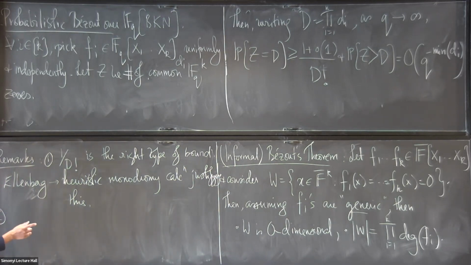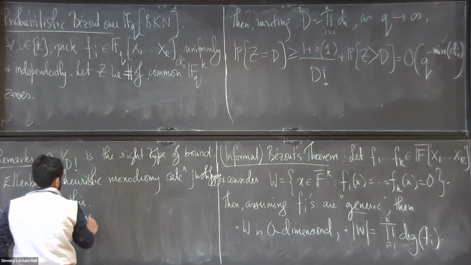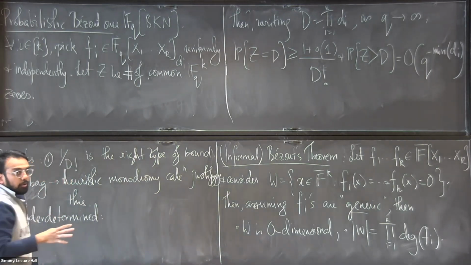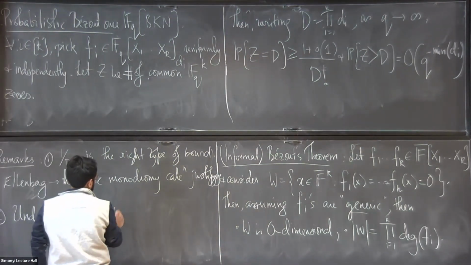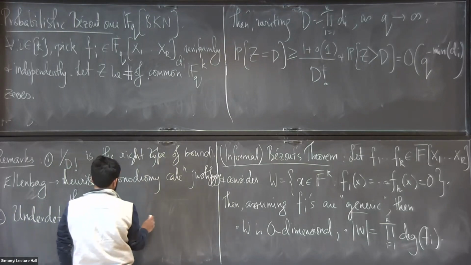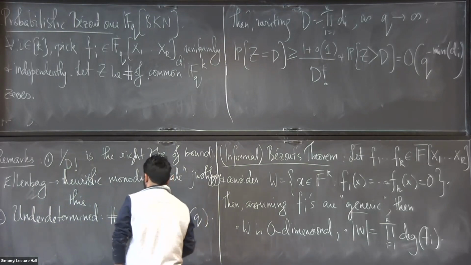The second remark, a point that Avi brought up tangentially: overdetermined or underdetermined systems are easy. These you don't have to worry about. So really, the beef is in the systems that have the correct number of polynomials and the correct number of variables. If you have fewer than k polynomials in k variables, picked randomly, then you can show that the number of roots is with high probability at least, say, q to some constant.